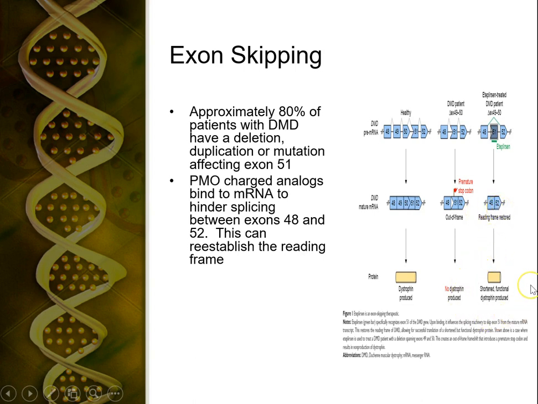While the protein will be shorter than we would expect because we're missing exons 49, 50, and 51, we are getting some protein produced. And again, about 80% of patients with Duchenne's will respond to some type of exon skipping.